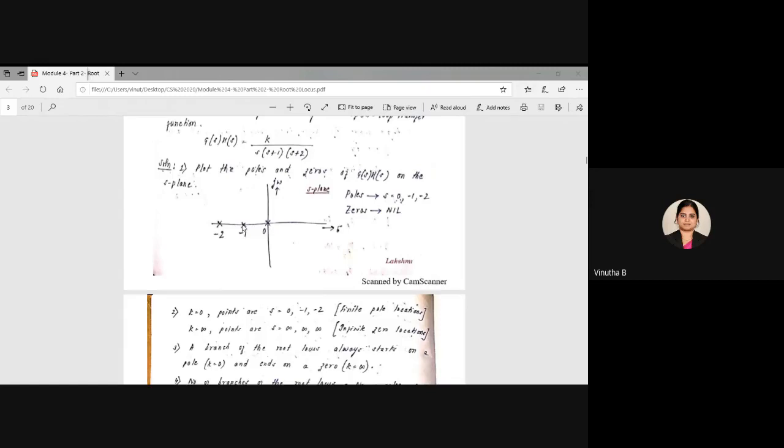From 0 to -1, there is a line drawn. From -1 to -2, there is no root locus. There is a break in the root locus. Then again from -2 till infinity, there is a root locus. So where is the break happening? The root locus is broken at this point between -1 and -2.